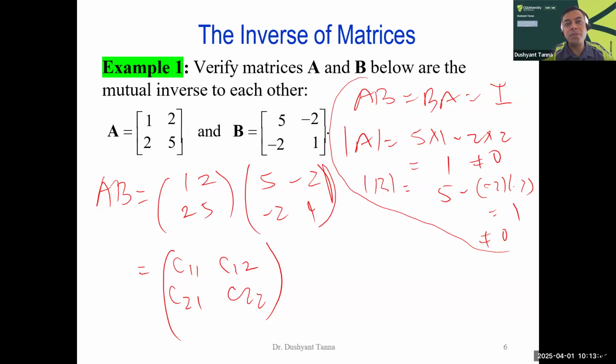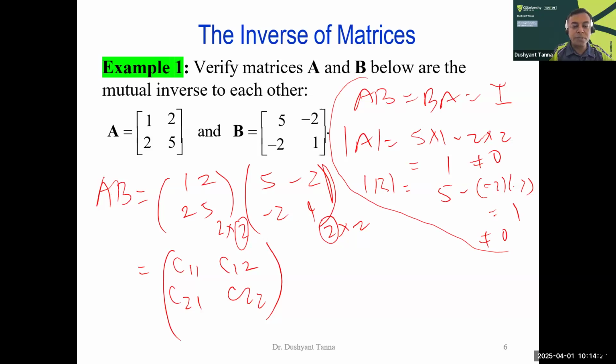C11 indicates the first row elements of A multiplied with the first column of B. Before we proceed with multiplication, you should check that the number of columns of A is the same as the number of rows of B. If you don't check it, you will be stuck at some point, so it's essential to check this first and then go ahead with the multiplication. They are both square matrices, so it should be fine.